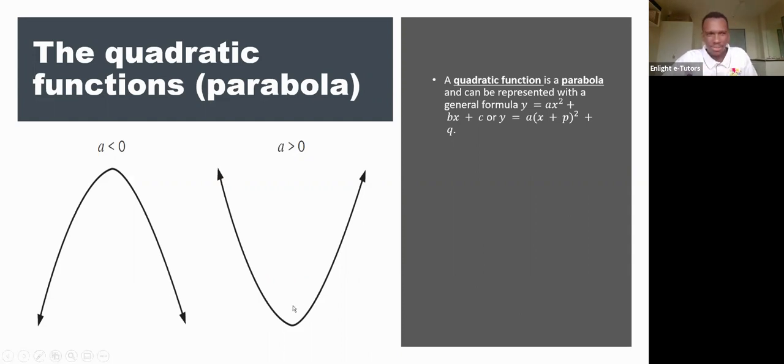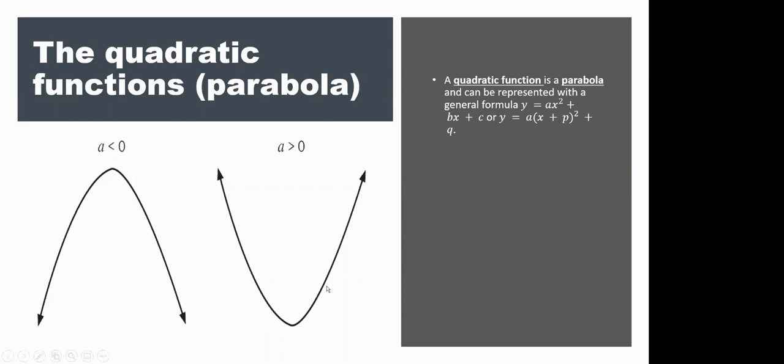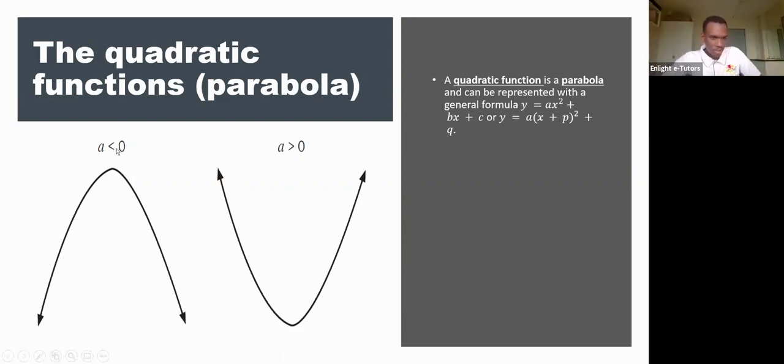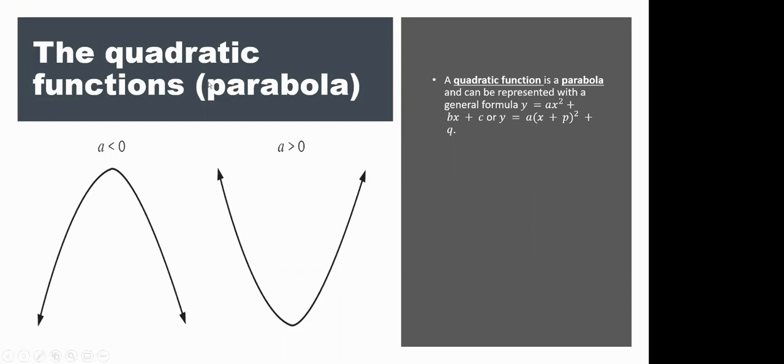There's no other way around. If your graph is facing downwards, that tells you that your a has to be negative. If your graph faces upwards, that tells you that your a has to be positive. You get me? Yes, I do. You still with me?